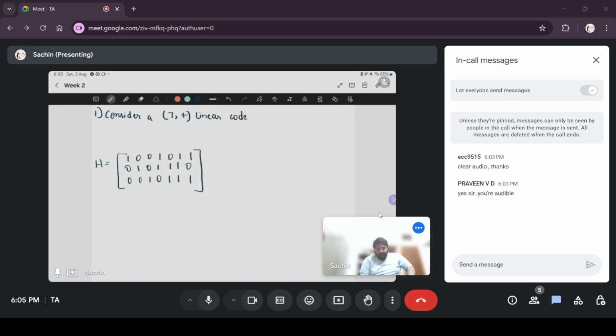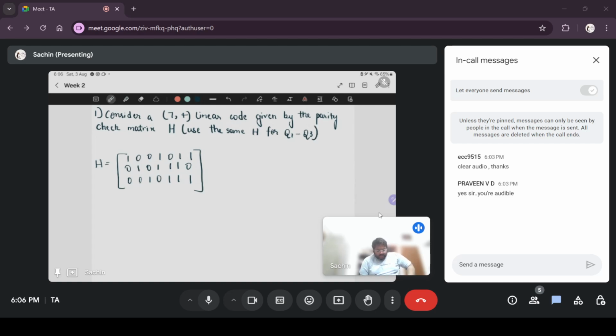The code is given by the parity check matrix H, and you are supposed to use the same matrix H for the first three questions.